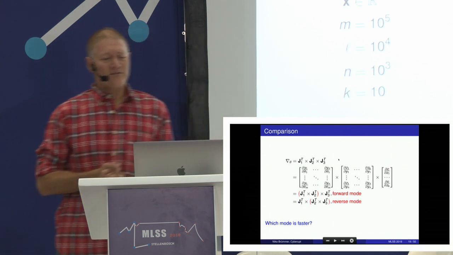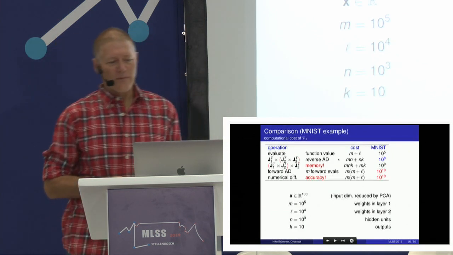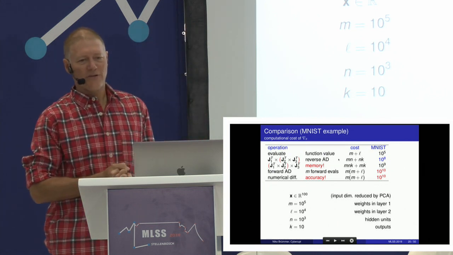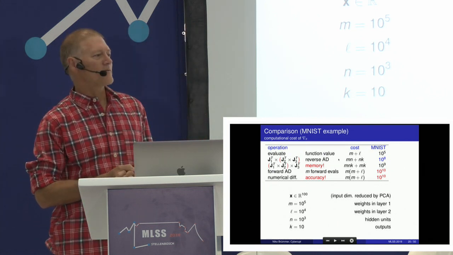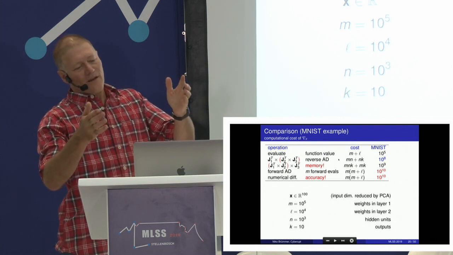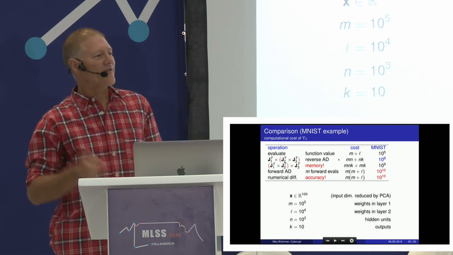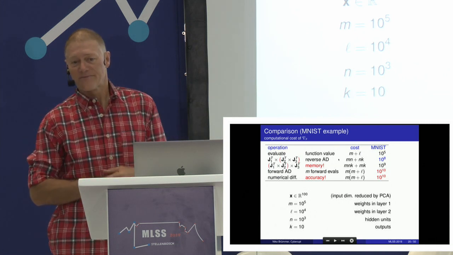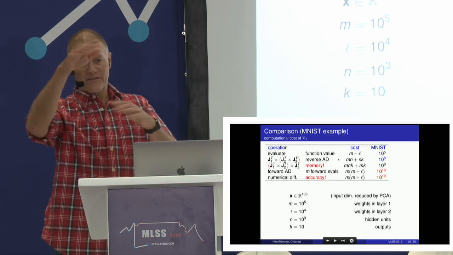So just a little example. You can imagine building a little neural net to classify MNIST digits for you, where there's one layer of hidden units and two matrix multiplications.